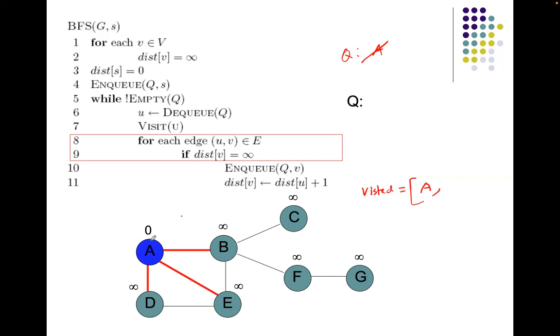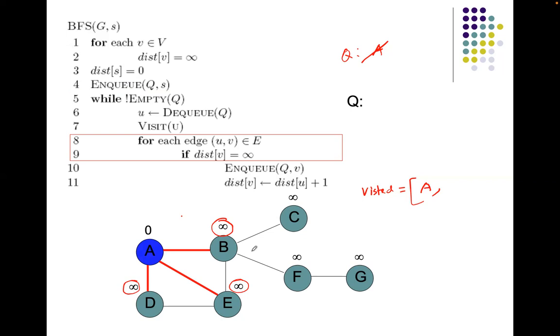If the dist value of these neighbors is infinite, that means they are not visited yet. Only if they are not visited yet, we are going to explore them. That will make sure that we do not visit one node more than once.